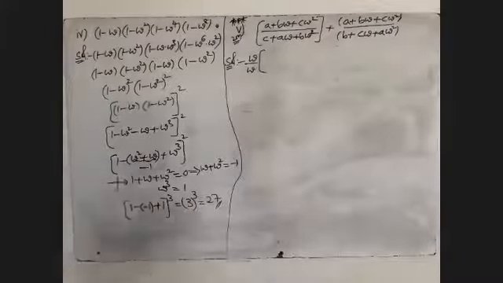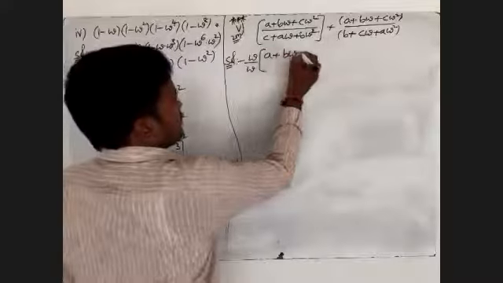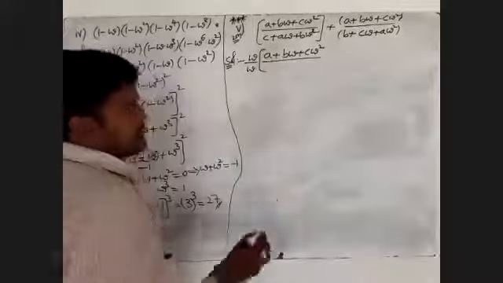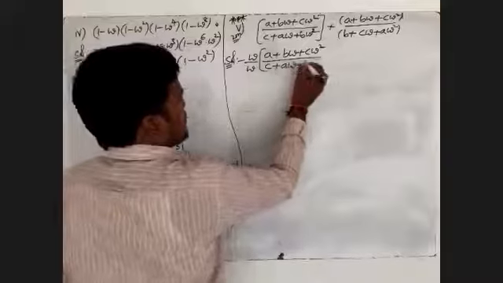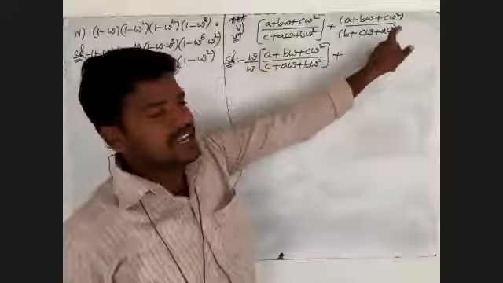Omega by omega into, remaining we have to write a plus b omega plus c omega square by the denominator c plus a omega plus b omega square. Here we check the a coefficient. Here also we check the a coefficient.